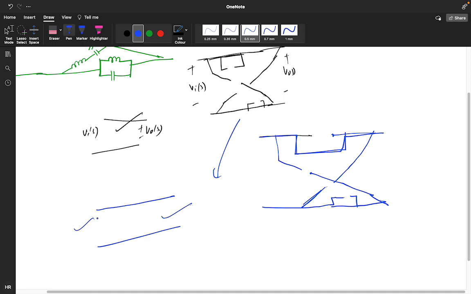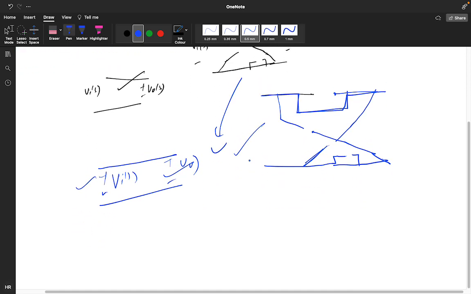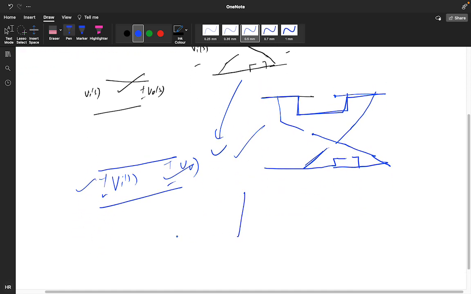We are getting this particular part, plus minus Vi(s) plus minus V0(s), meaning at high frequency we are getting the voltage, and at low frequency also we are getting the voltage. That means it is a band reject filter.